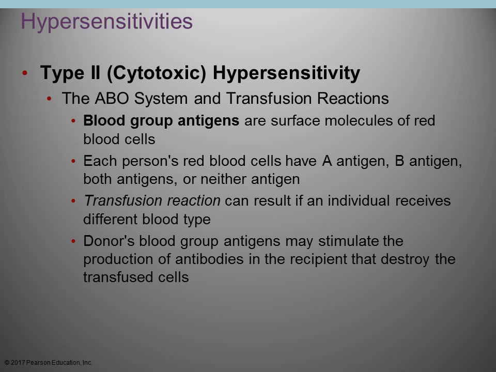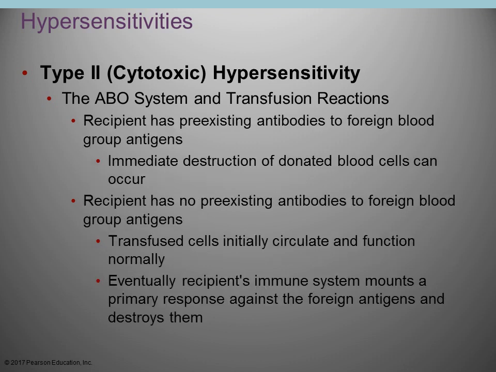So you're trying to match up the blood type of the individual with the blood type that's going to be received. You need it to be compatible so you do not have a reaction, because in your blood serum, in the liquid portion of the blood, you have antibodies. And so you do not want to have an antigen-antibody reaction occurring.